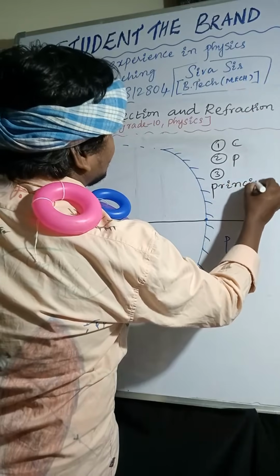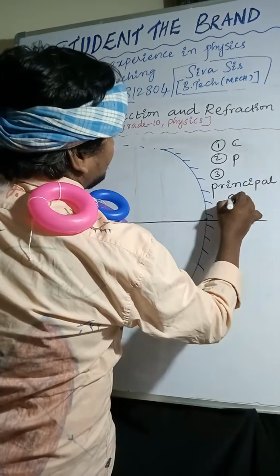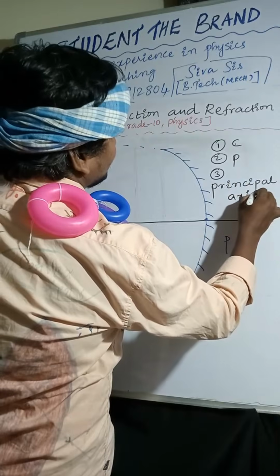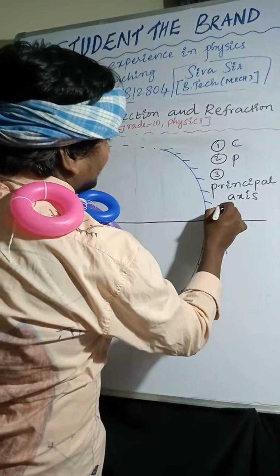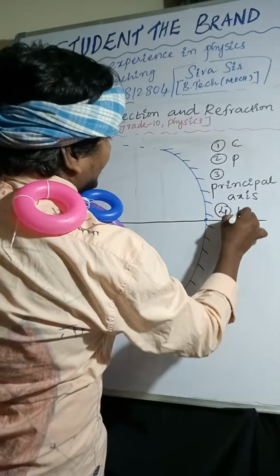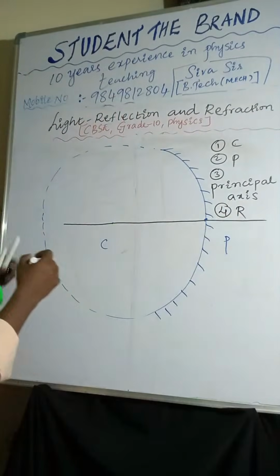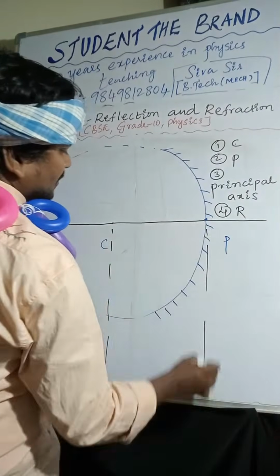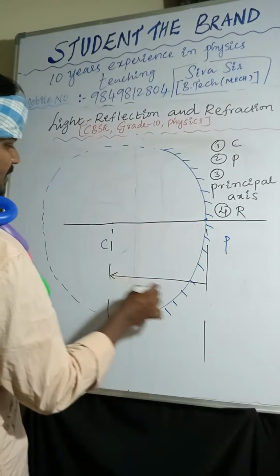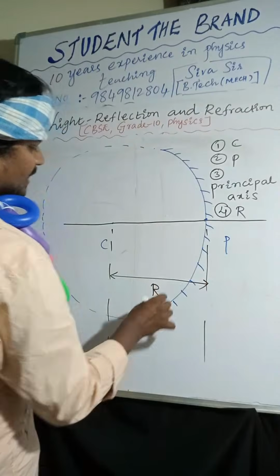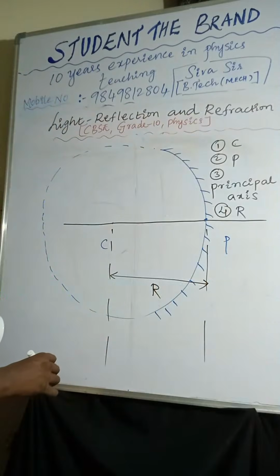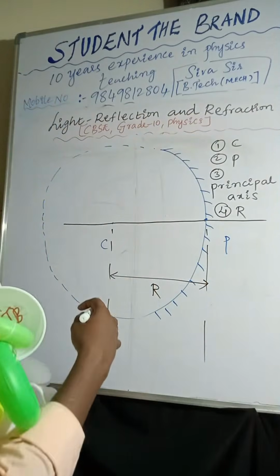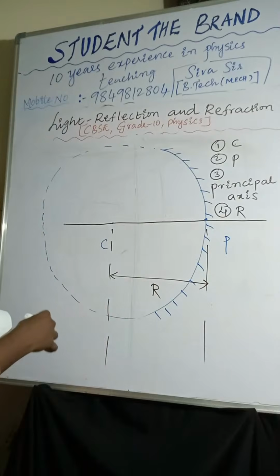Coming to the fourth one, radius of curvature: the distance between the center of curvature and the pole is called the radius of curvature.